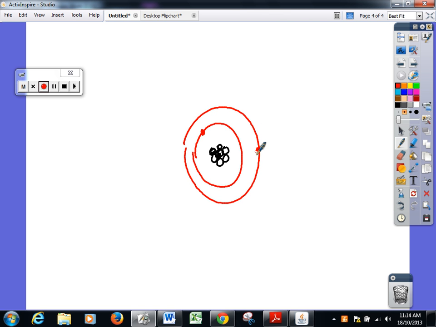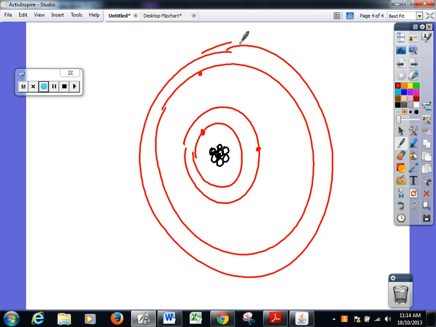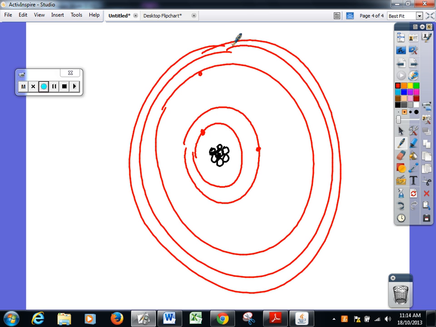Shells. And the inner shell contains 2 orbits. Then the next set of shells contains how many orbits? 8. Now I can't do all 8 here, so I'm just going to put that and continue on, pretend there's 8.